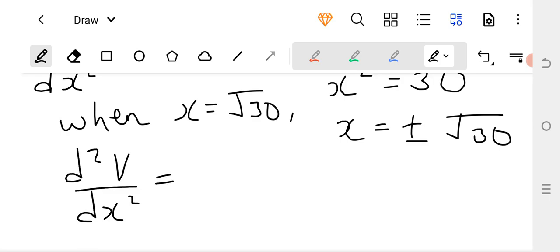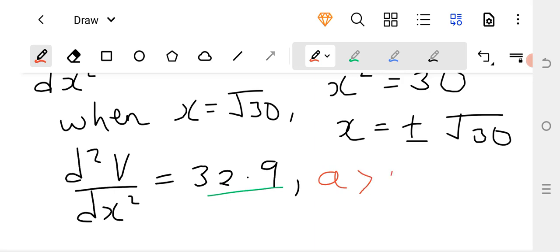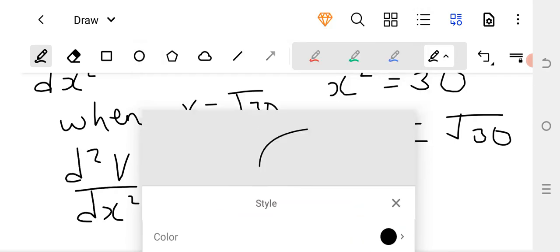I hope you have a calculator. It is 6 times positive square root of 30, right? We're going to have 32.9, 3 significant figures. And this value, let's use the green one, we can call it a, is what? Greater than 0. That's what I was meaning.